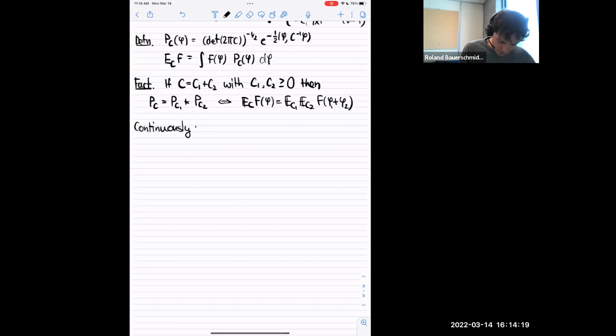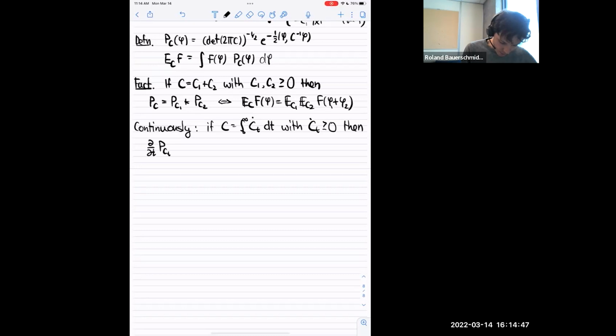So if you can write the covariance C as an integral of other covariances, C dot t, where the C dot t are now positive, then the convolution property becomes the heat equation.